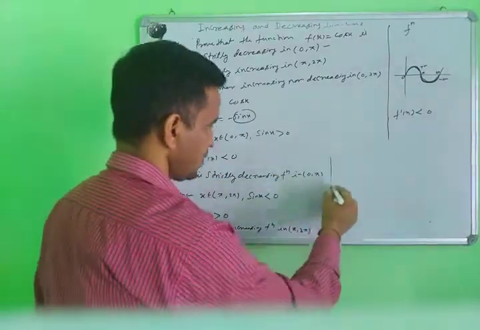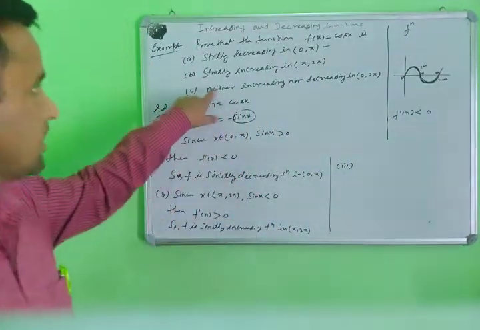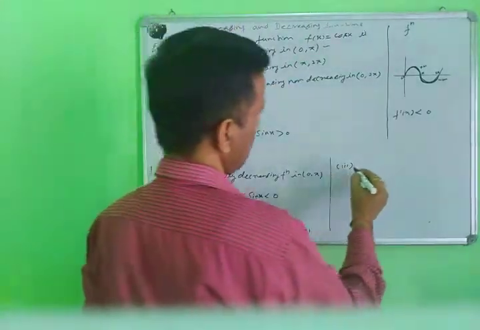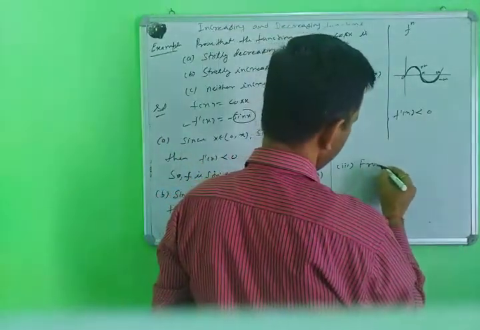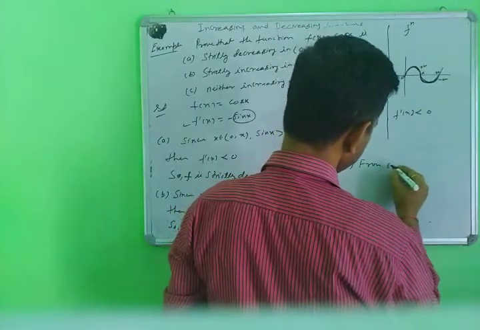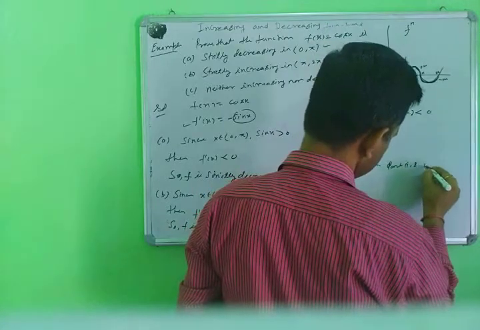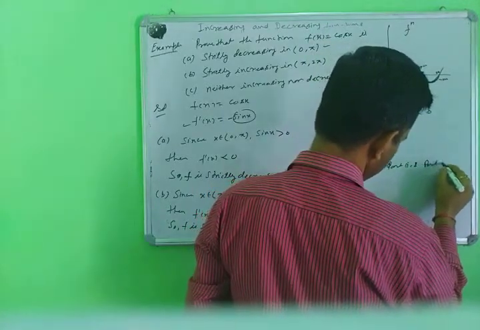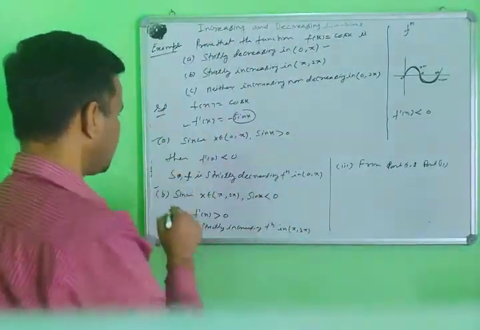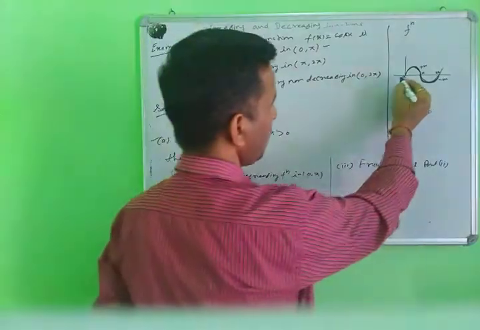The next, third part: neither increasing nor decreasing. From the first and second results, it is strictly decreasing in one part and strictly increasing in the other, over 0 to 2 pi.